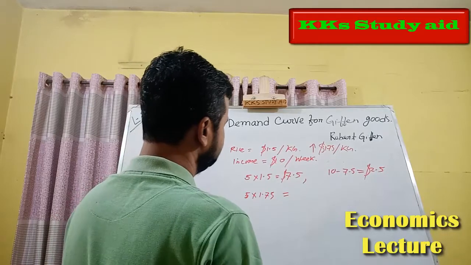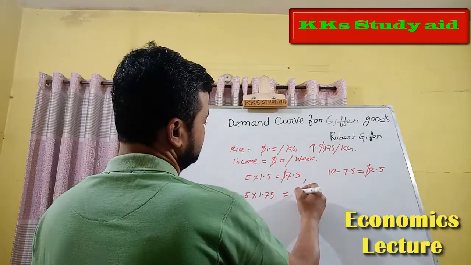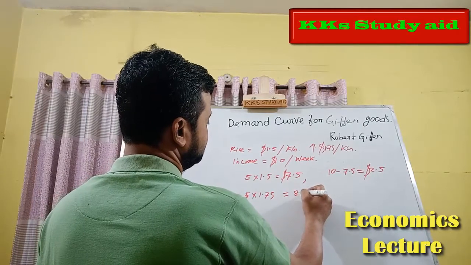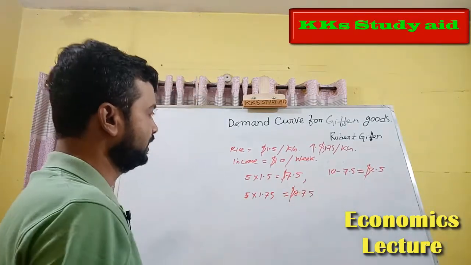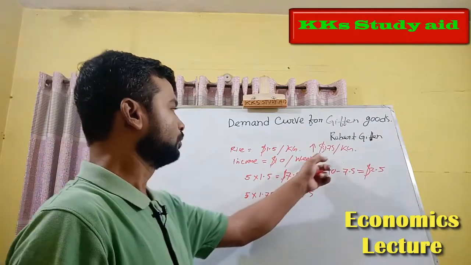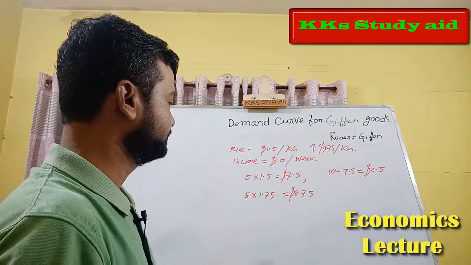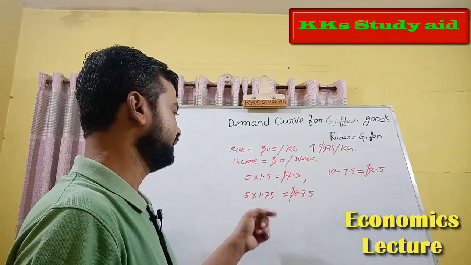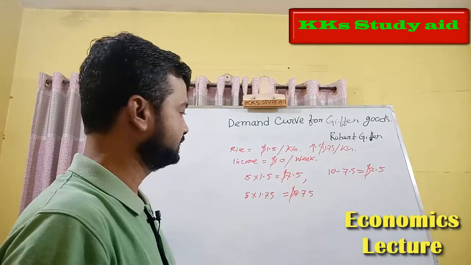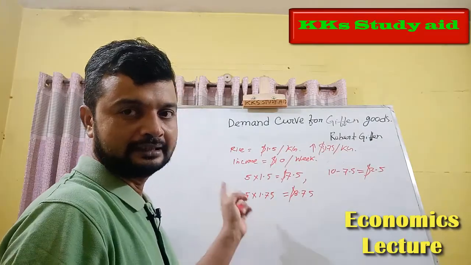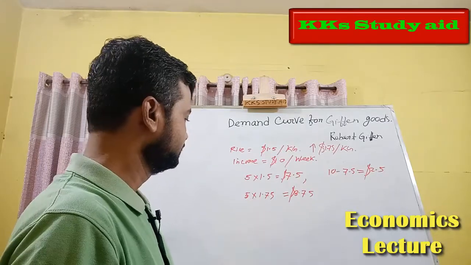When the price goes up to $1.75, this person will require to spend $8.75 while he purchases the same amount of rice, that is 5 kg of rice, which he needed for a week.